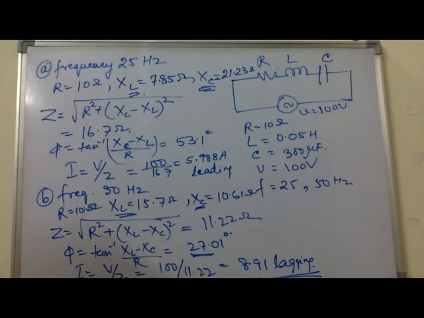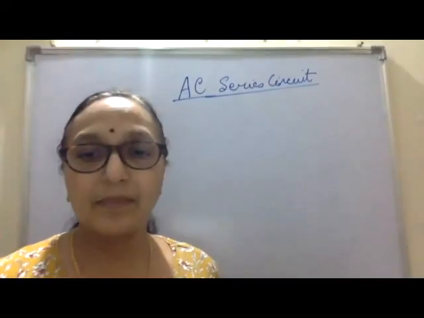When the circuit is capacitive in nature, this means that the current will be leading the voltage by the angle phi. And if the circuit is inductive in nature, that means that the current will be lagging the voltage by the angle phi.